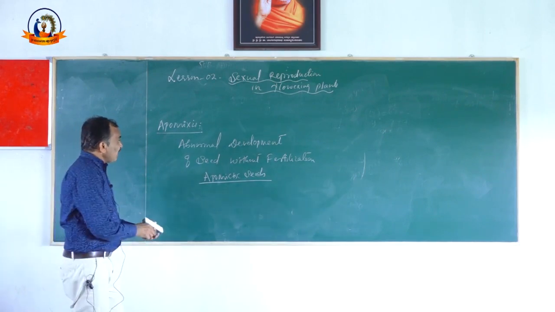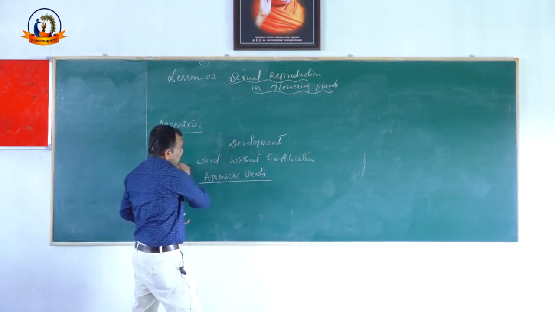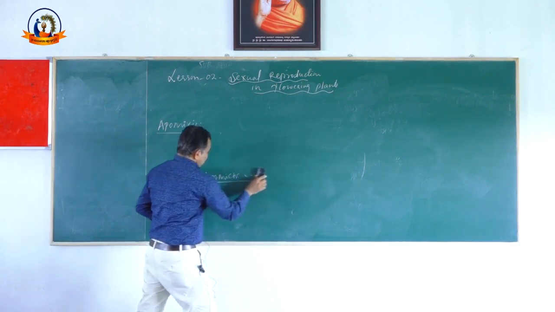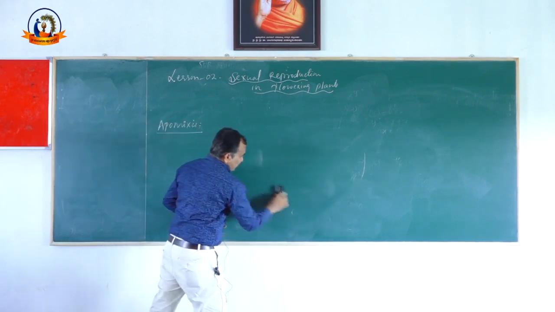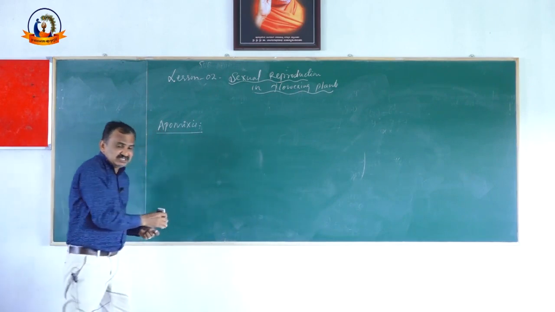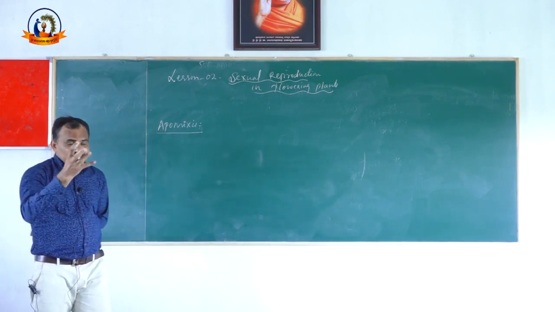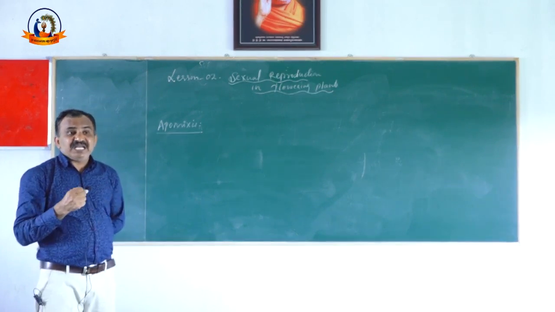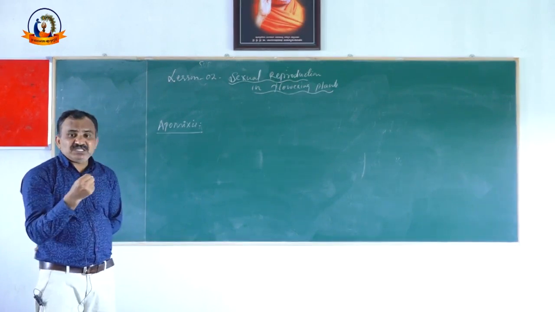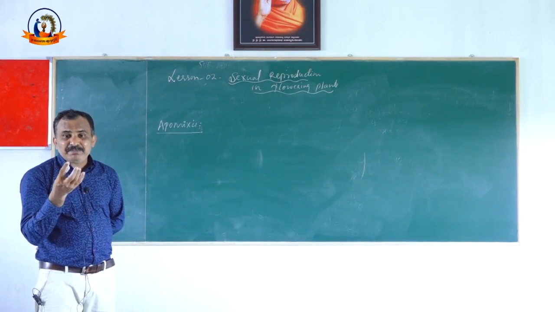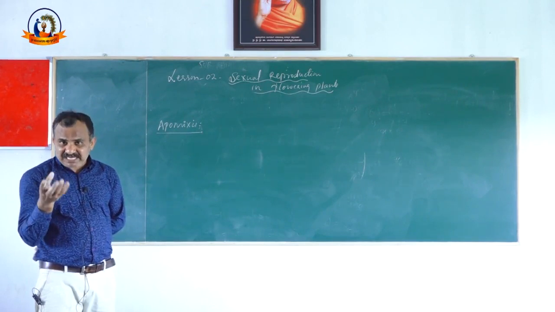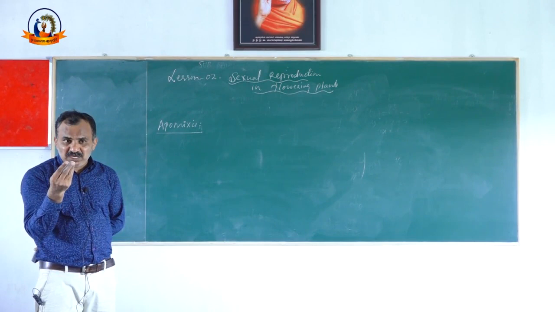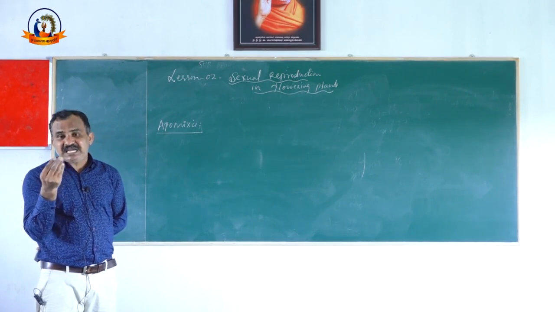What are the advantages of apomixis? In apomixis there is no fertilization. That means any components of the embryo sac may develop into seed without fertilization, like the antipodals or the egg apparatus.